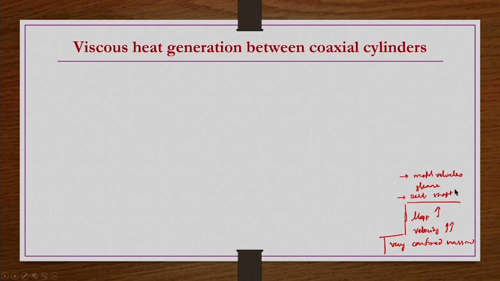Then there are conveyors, like belt conveyors and shaft conveyors, in chemical industries. The material is conveyed because it is confined along two cylinders at different locations, and these cylinders may be rotating, and because of that the shafts or belts may also be rotating.